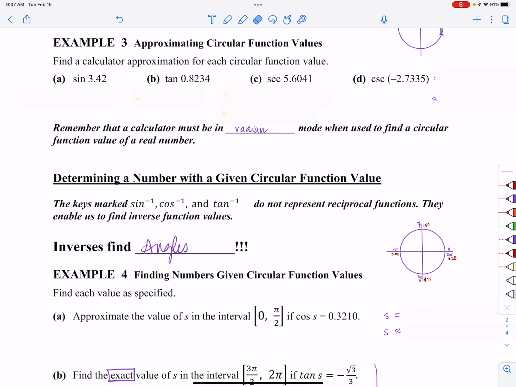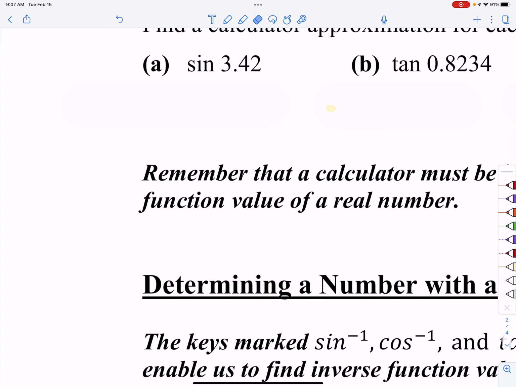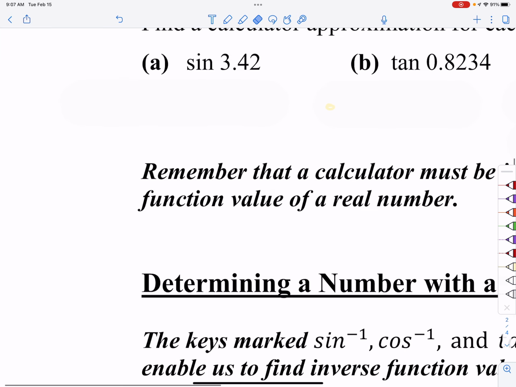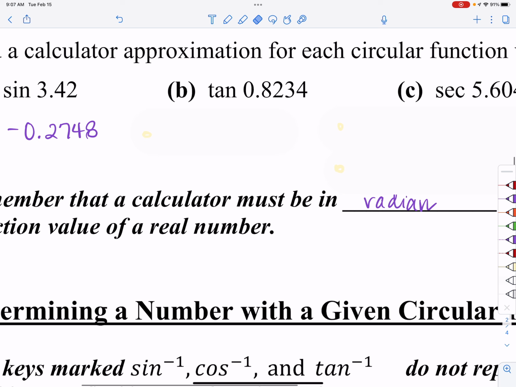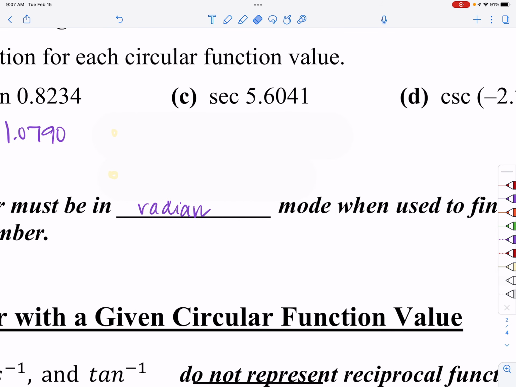So for the first example, for part A, all you need to do is just simply type in sine of 3.42, and you should get negative 0.2748. Same thing with part B, just simply type it in, and you should get 1.0790. Now, the problem with part C is that we don't have a secant button.